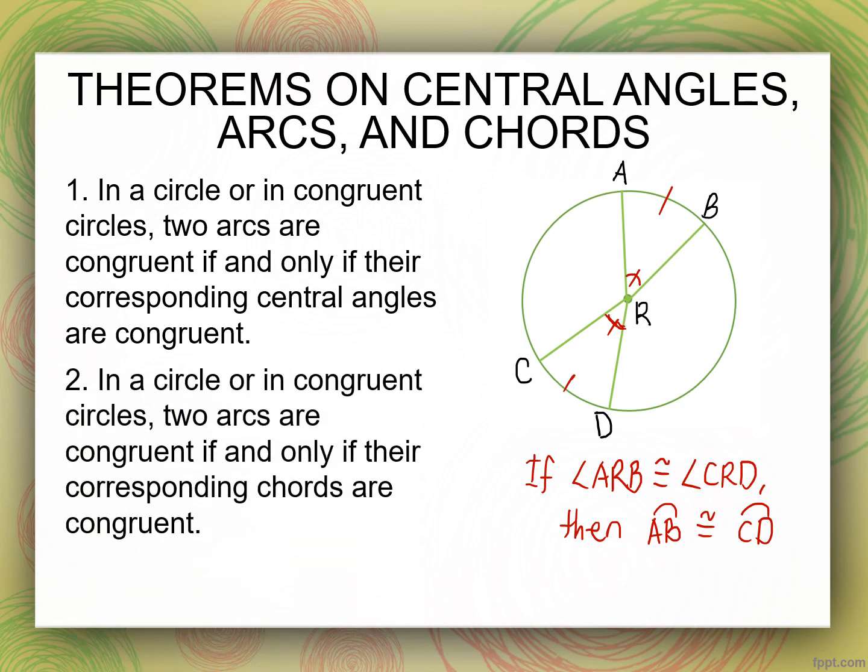Okay, so in a circle, or again in congruent circles, two arcs are congruent if and only if their corresponding chords are congruent. So let's use the same circle to represent this. So if we have two chords, for example, let's make a chord here.